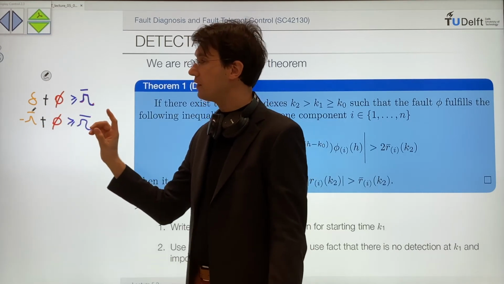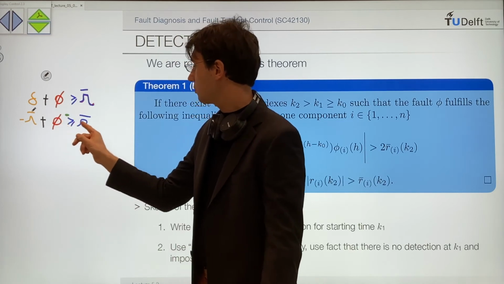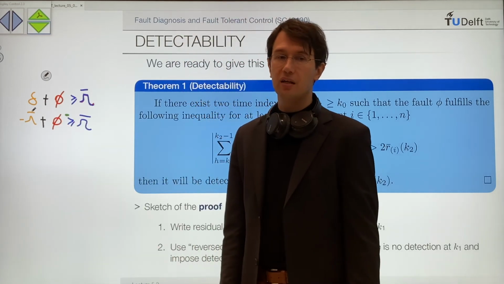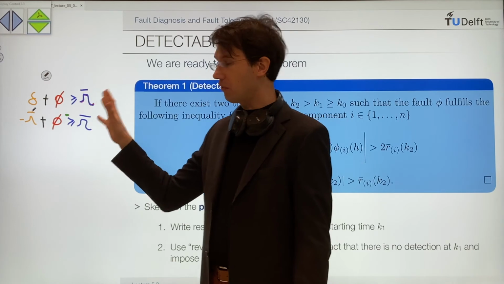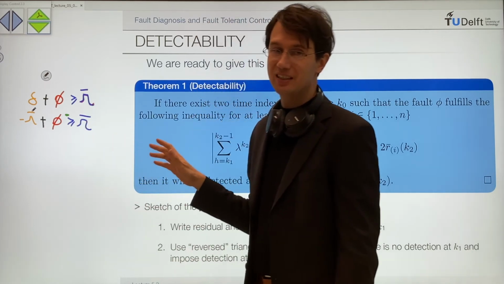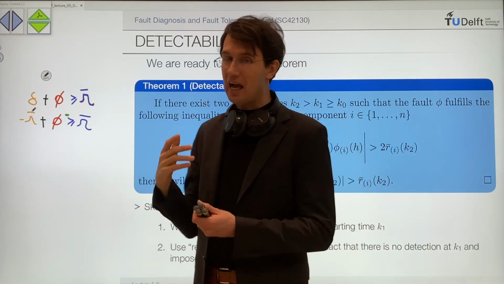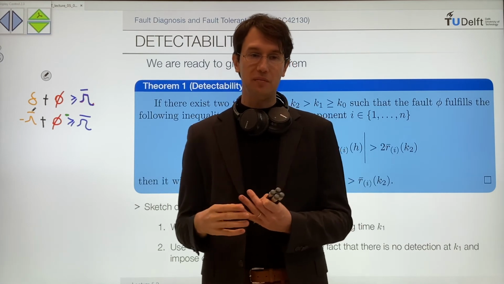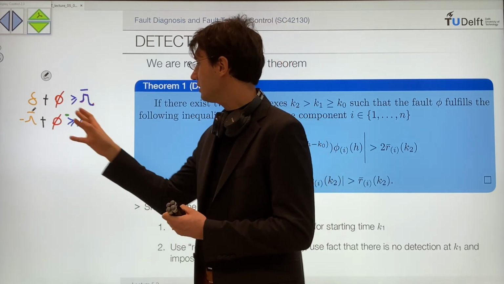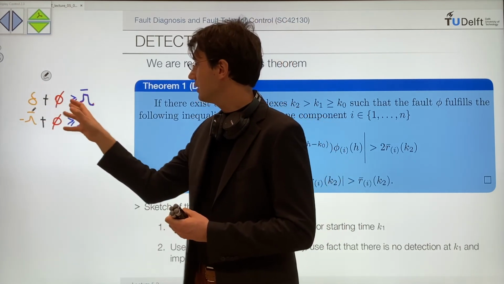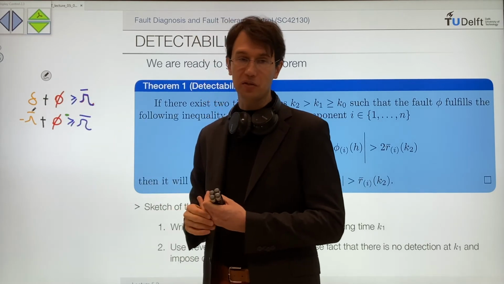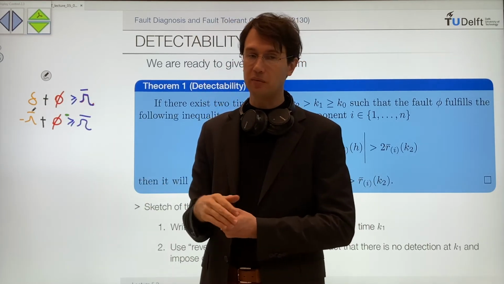And then if you have just a little bit more, you cross what you have on the right. So now this is non-rigorous because we have our observer in the middle. So we don't directly compare these and these to the threshold because there is the dynamics of the residual in the middle.